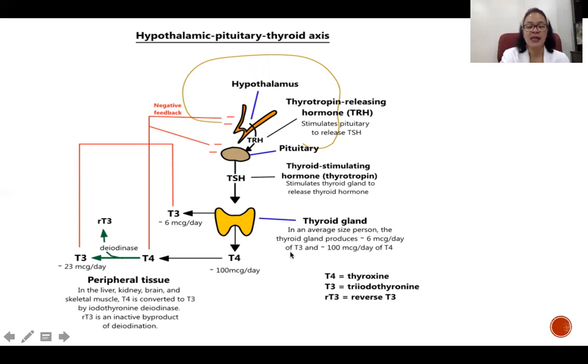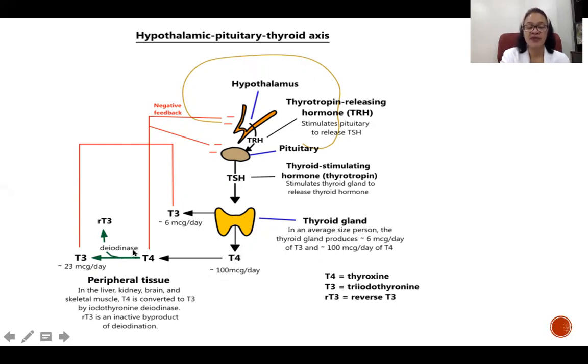Okay, and here in an average size person, the thyroid gland will produce 6 milligrams per day of your T3 and 100 micrograms per day of your T4.